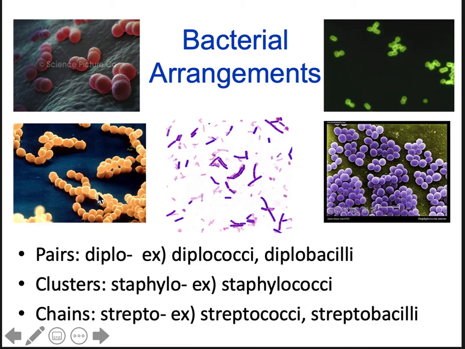Now, in this image, because of this golden color, that is the actual color. In this case, this is not stained. We would know, okay, that's Streptococcus, like when you have strep throat, Streptococcus aureus for golden.